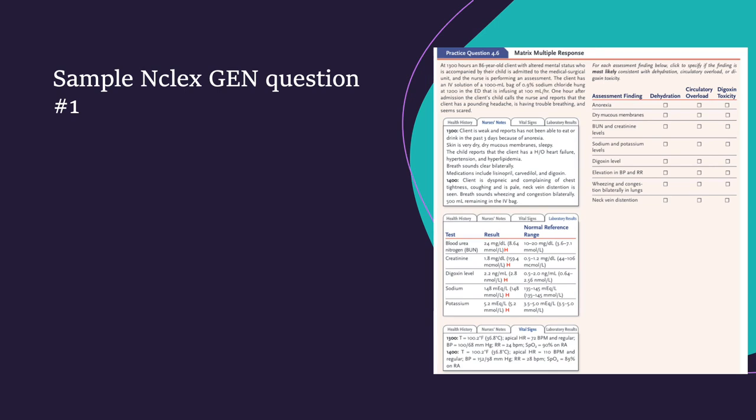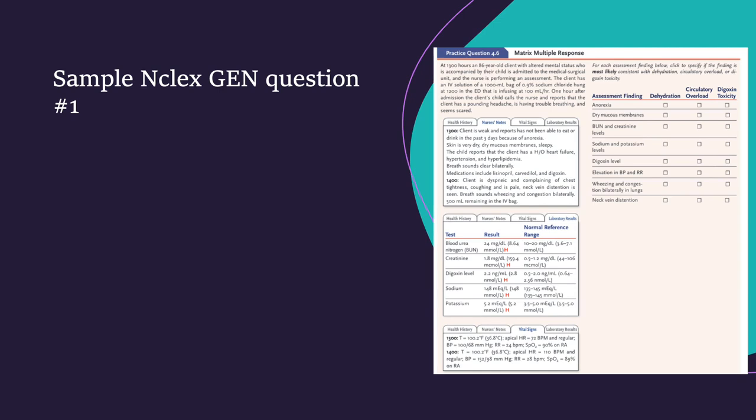Your digoxin level is high, and we're going to put that with digoxin toxicity. All right. You see an elevation in your blood pressure and in your heart rate. What caused that? When grandma came in, her blood pressure was low and her respirations were normal. As soon as they started those fluids on her is when everything changed.